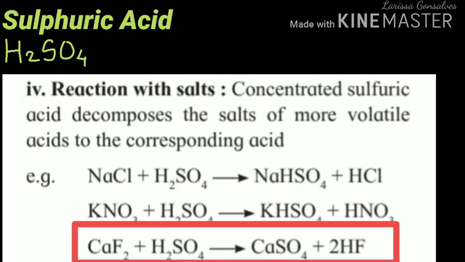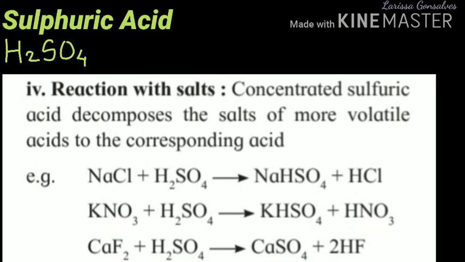The last reaction is calcium fluoride reacting with sulfuric acid. Here Ca will combine with SO4, giving the formation of calcium sulfate, and the remaining H2F2 will combine to form 2HF, that is hydrofluoric acid.